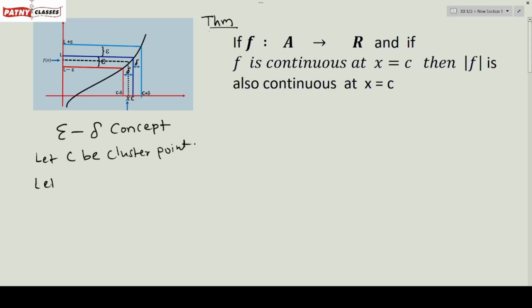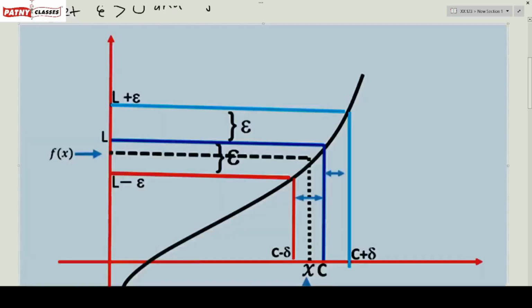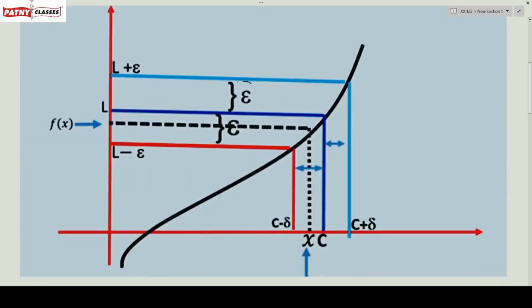Let x be any point around the cluster point. We have epsilon, which is nothing but the distance between the two lines. Therefore, epsilon is greater than 0.